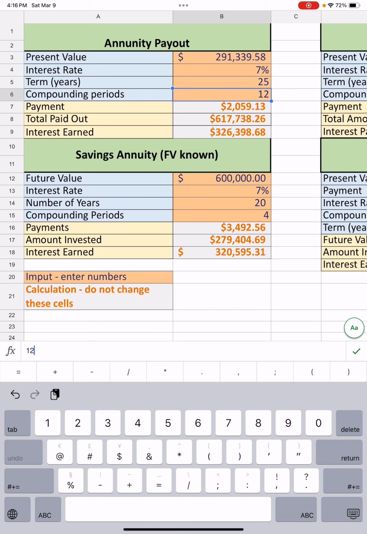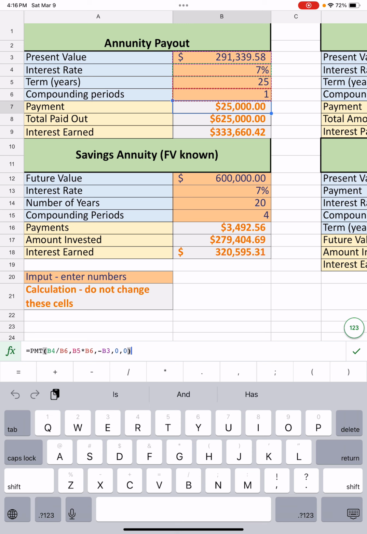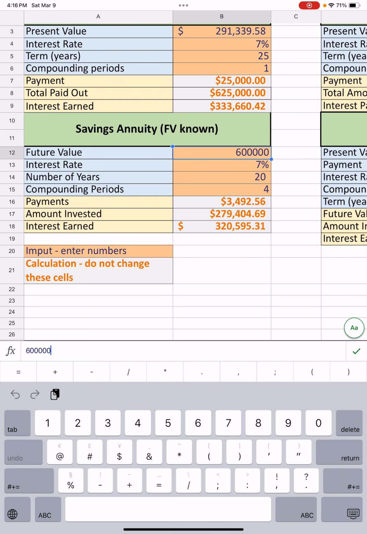That's right, but it's only compounded once. And it matches up with the original problem saying 25,000 is what we want to be able to get paid each time. Future value, yeah. So then we can check it in total paid out, total interest earned.